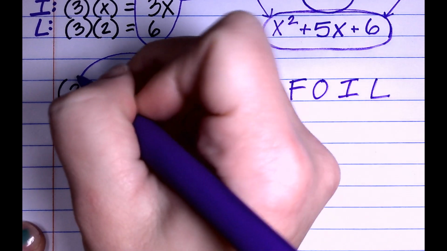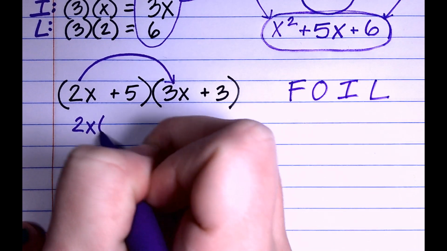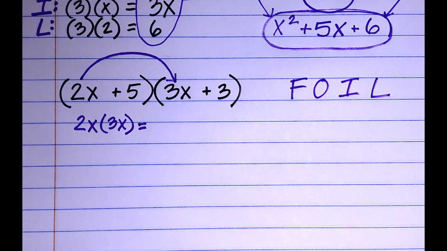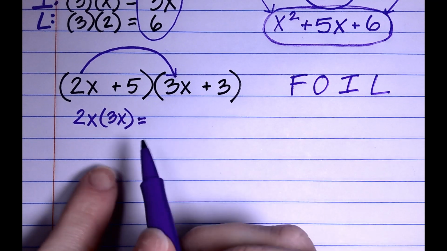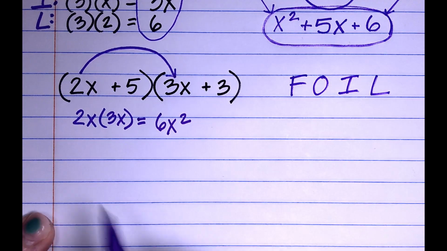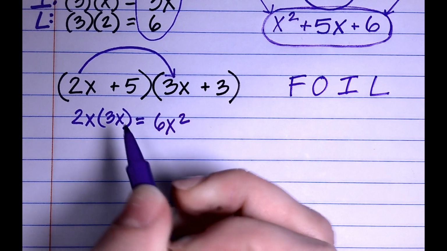And I'm just going to write below here 2x times 3x. What is 2x times 3x? Good. 6x squared. Okay. What do I do next?